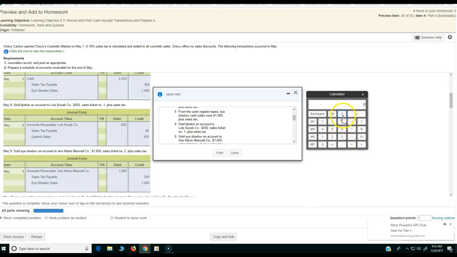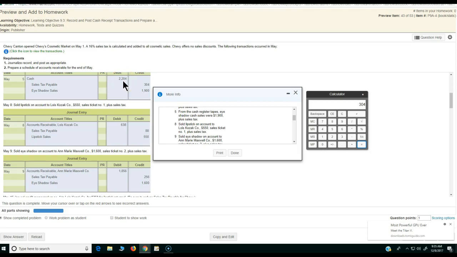We can certainly do it that way, or we can do it the longer, more procedural way: take the 1900 and figure out how much 16% is, times 0.16 equals $304, at which point you'd add the 304 to the 1900 to come up to the 2204.